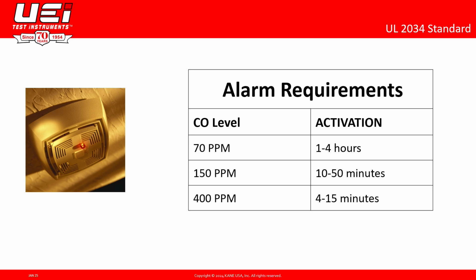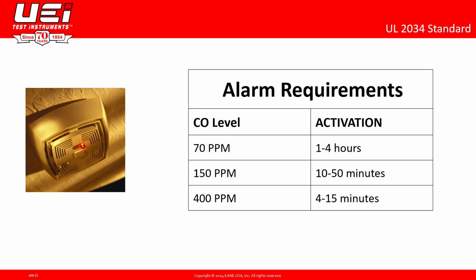However, it is going to take your body at least 16 hours to purge that out. And have you ever looked at the back of a CO home alarm? Well, the alarm requirements: most home CO detectors are rated to what we call the UL 2034 standard.